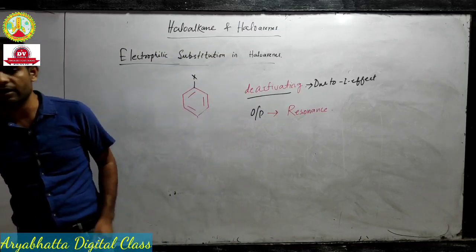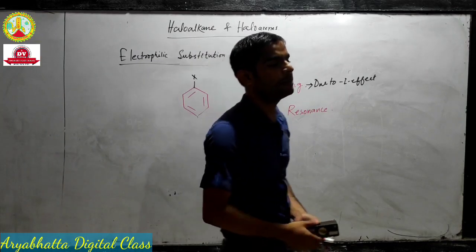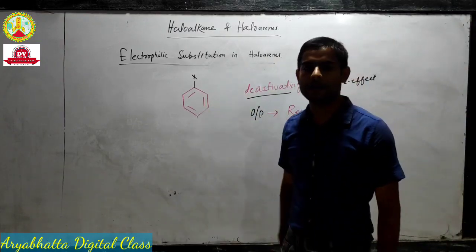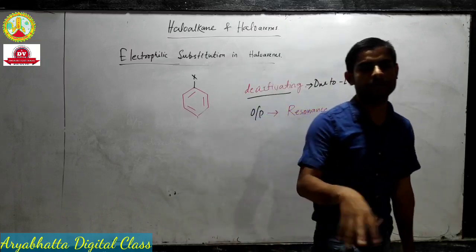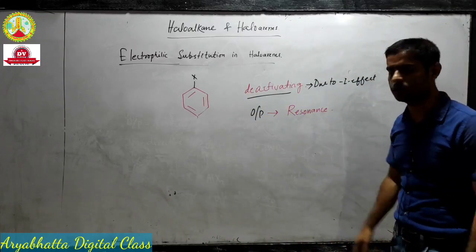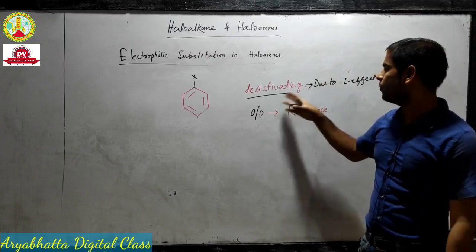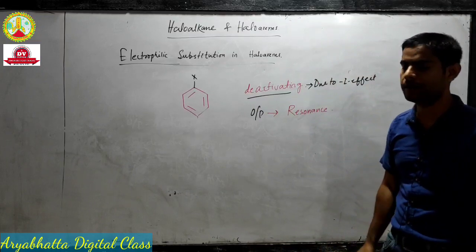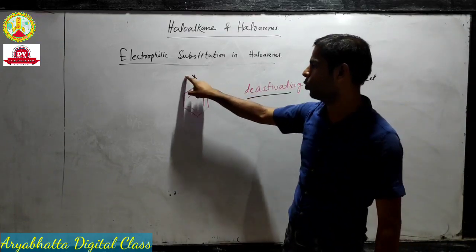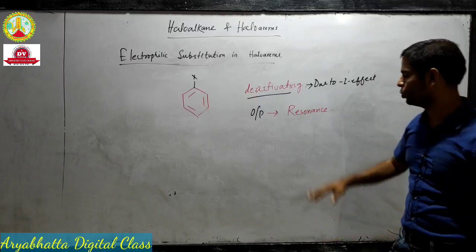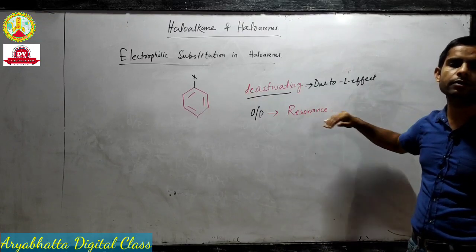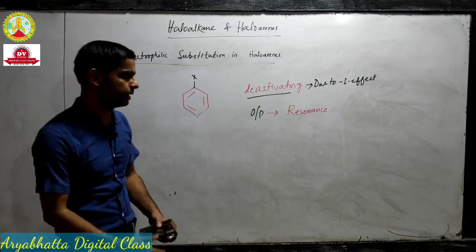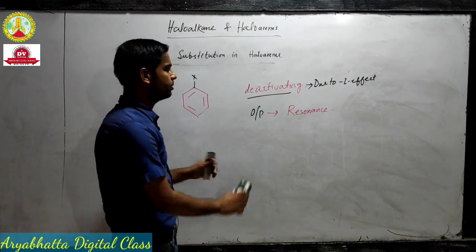So in exams you may be asked to explain why halogens are ortho-para directive but deactivating in nature. Then what will you write? Because of the minus I effect of the halogen, it is deactivating, but because of the presence of a lone pair on halogen, it can show resonance, and resonance explains its ortho-para directivity. Okay, so these are the two questions.